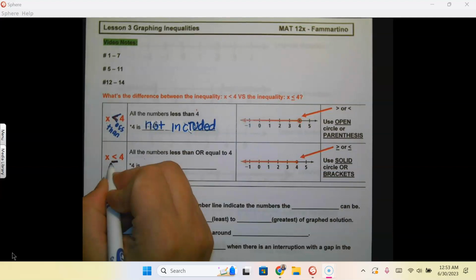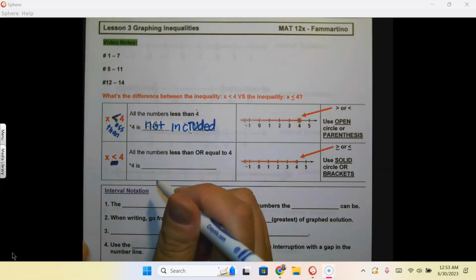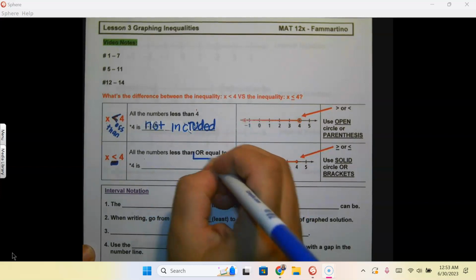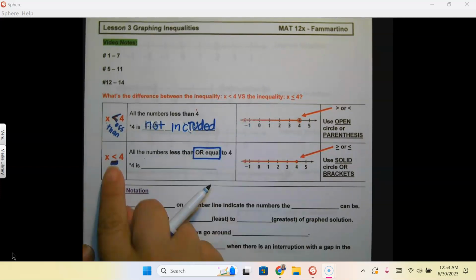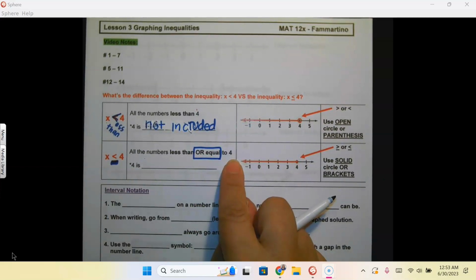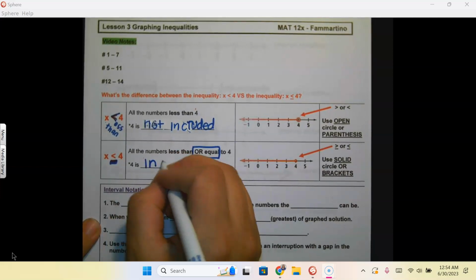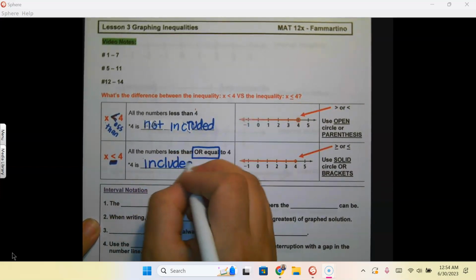So what this line right here means is all the numbers that are less than 4 or equal. That's what that line means. It means it could also equal 4. So it has to be less than 4 or it could equal 4. So that means that the 4 is included. That is the difference.